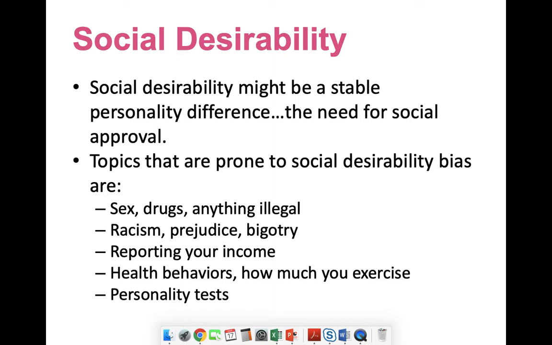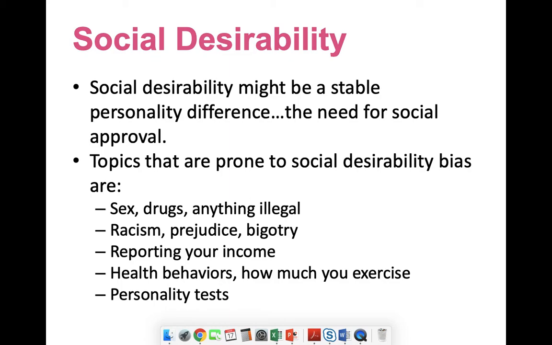So social desirability refers to trying to look better than we are. Okay, trying to look smarter, stronger, happier, thinner, more successful, whatever it is. It's basically answering in a way that conveys a positive sense of oneself, either to others, or we even try to do it to ourselves.